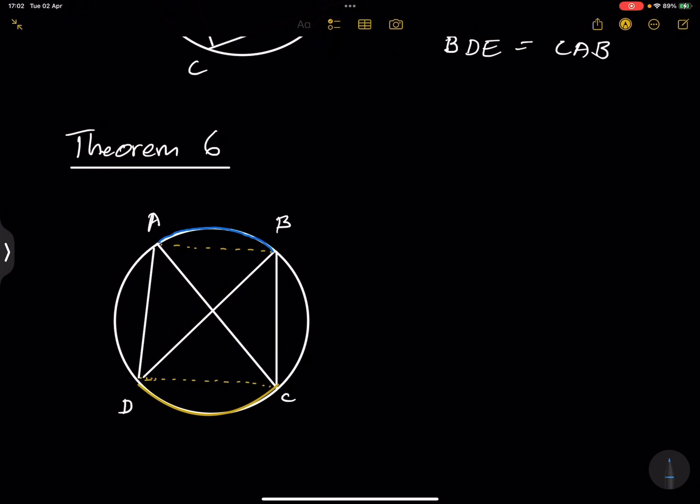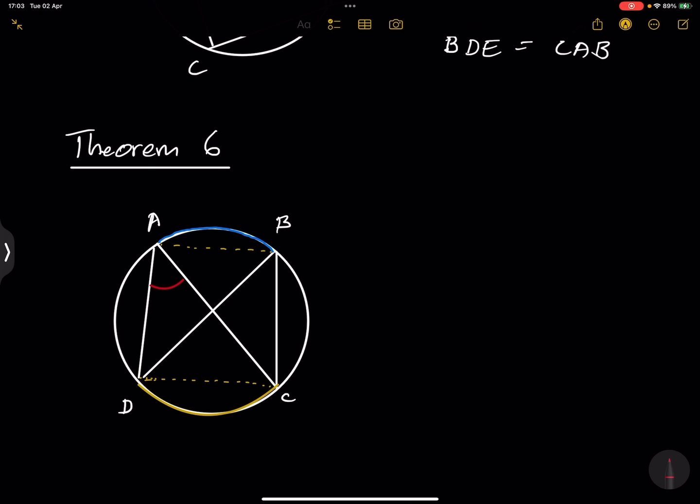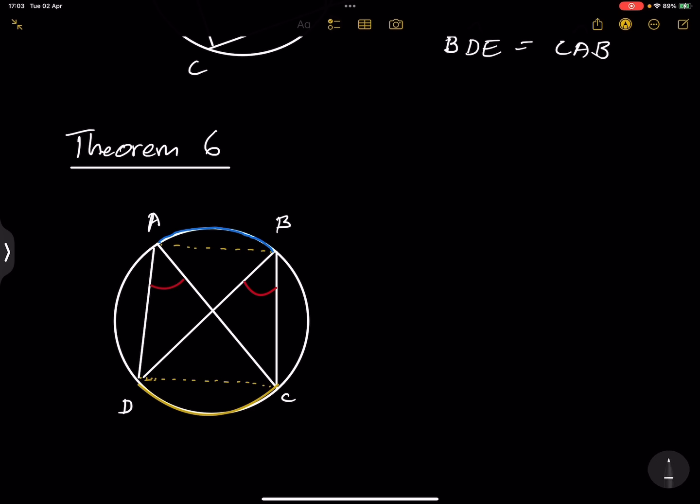Now notice we say that the angles that are subtended by the same arc are equal. So meaning angle A would be equal to angle B. Let's write it nicely. In this case we've got angle DAC will be equal to angle DBC.